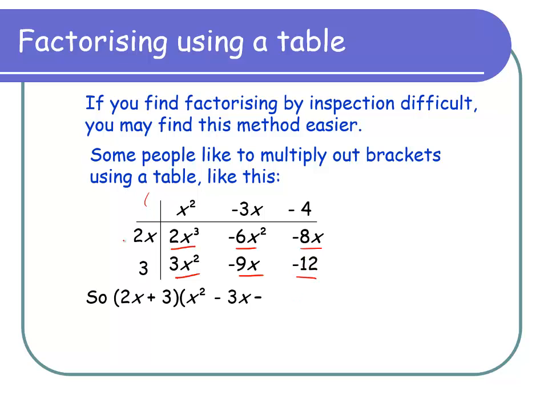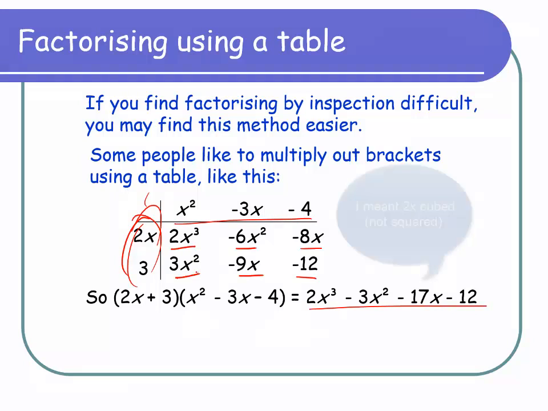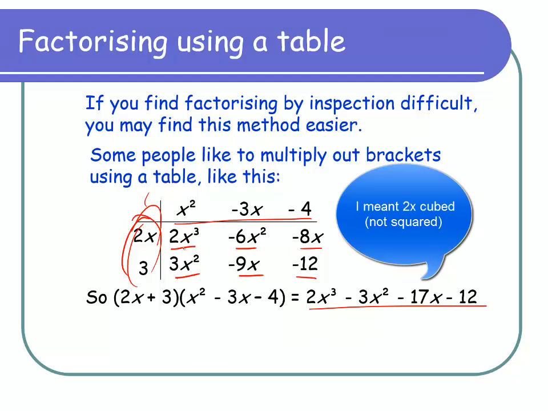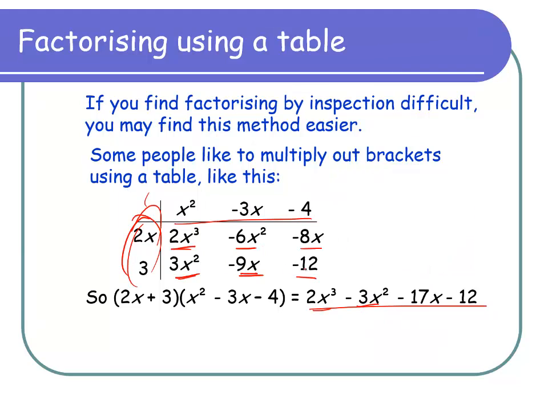What we can say is that this linear factor and this quadratic factor must multiply out to make our polynomial. We've got our 2x squared here, we've got our 3x squared, negative 3x squared, beautiful, negative 9x, negative 8x gives the negative 17x, and we've got our negative 12, which is here.